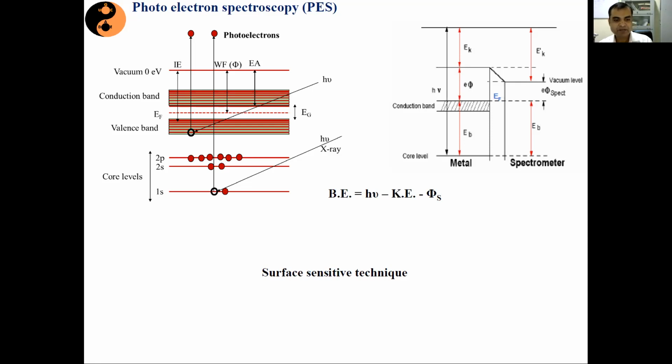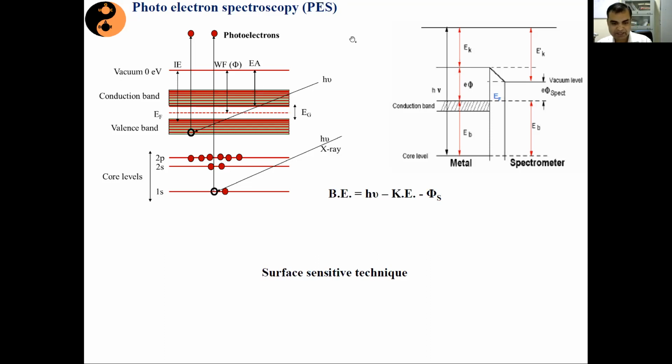Whereas if I'm using only ultraviolet sources, whose energy is say 20 electron volt or 40 electron volt, depending on the helium-1 or helium-2 source that we are using, one can emit the electrons from the valence band and then map the valence band spectra. That kind of spectra gives us information related to the valence band of the material.